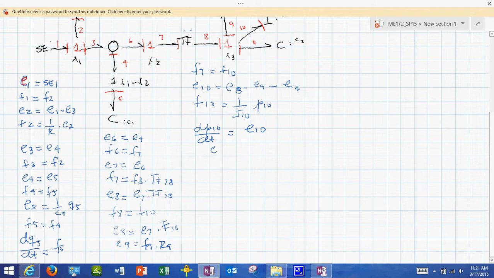And then you have E11. E11 is 1 over C times Q11. And then we have F11 is equal to F sub 10.